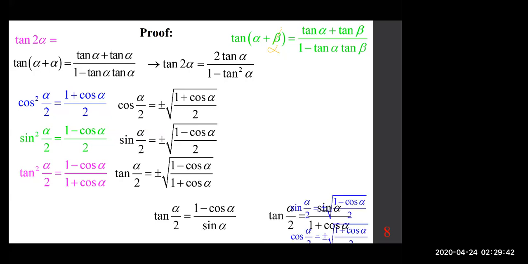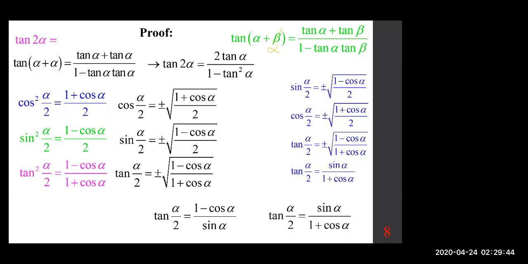But here's the synopsis of the half-angle formulas, okay? And again, how do we come up with the plus minus sign?